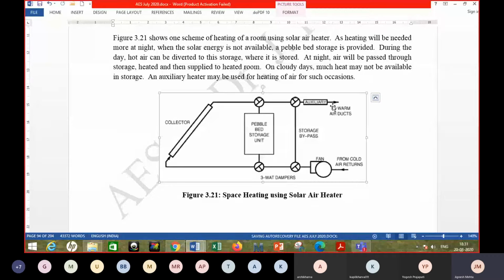Generally, whenever it is a centralized heating system, you can employ other types of heat, like fuel.